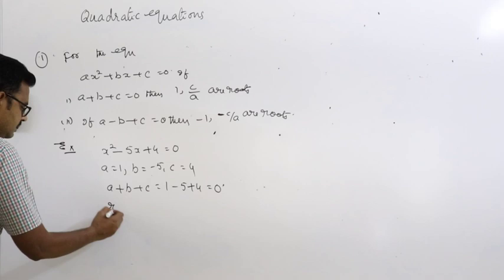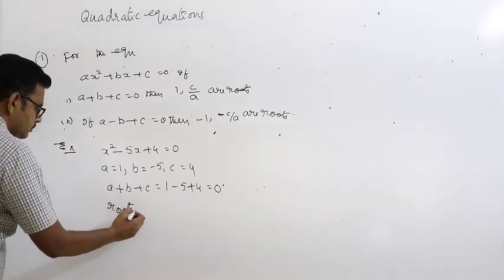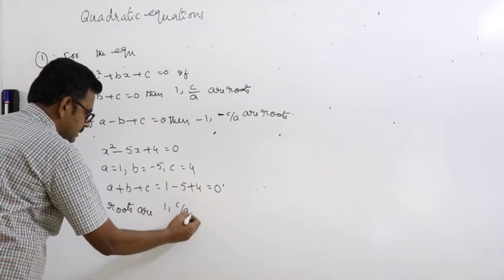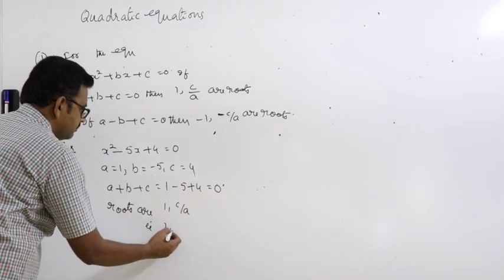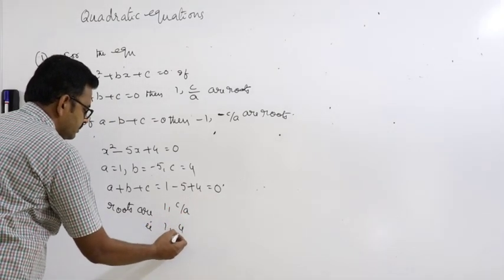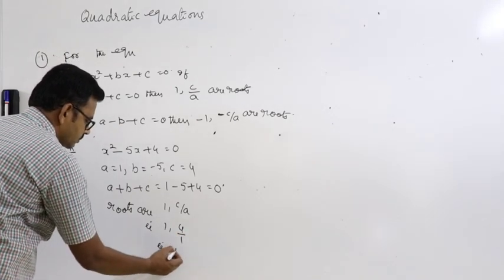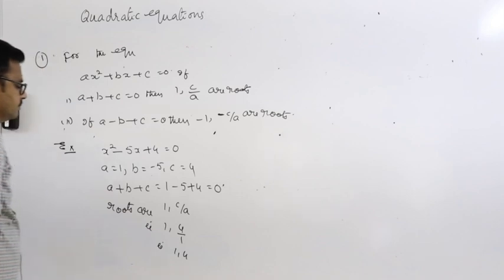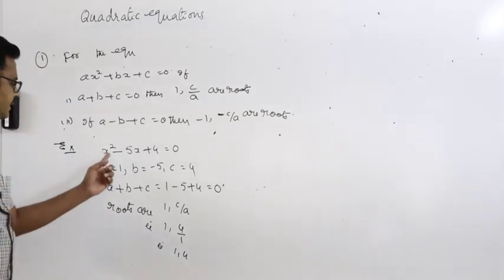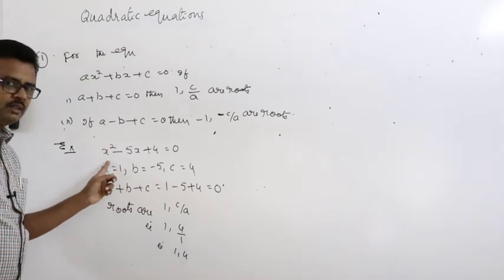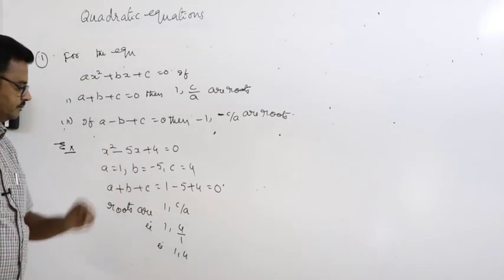Therefore roots are 1 comma c by a, that is 4 by 1, so 1 comma 4 are the roots. If factorizing this, you will get x minus 1 into x minus 4.